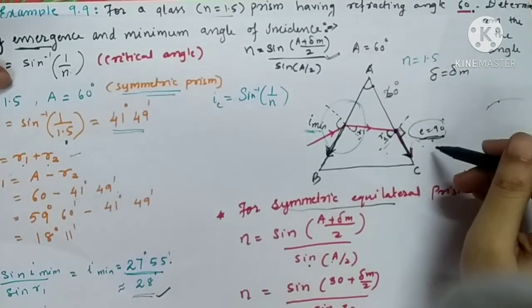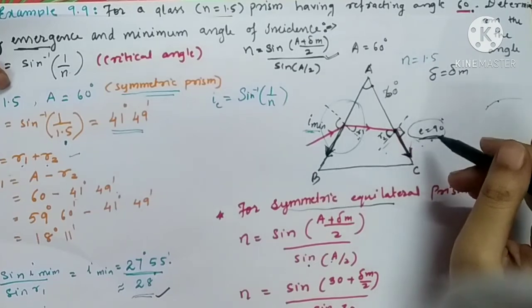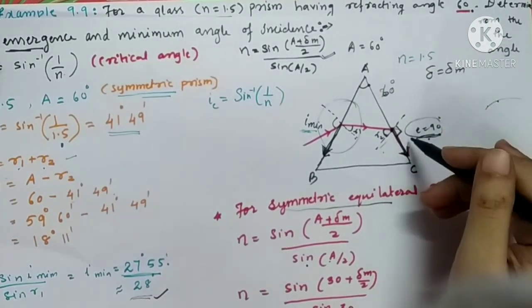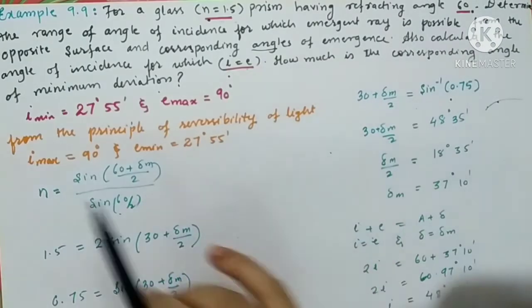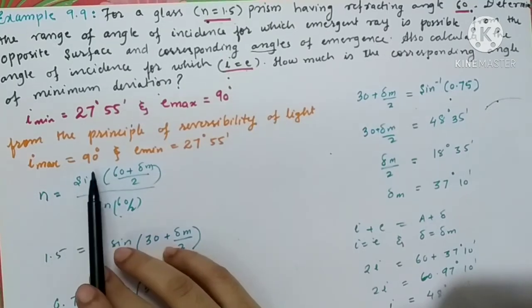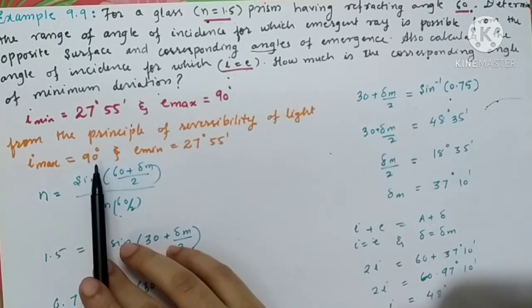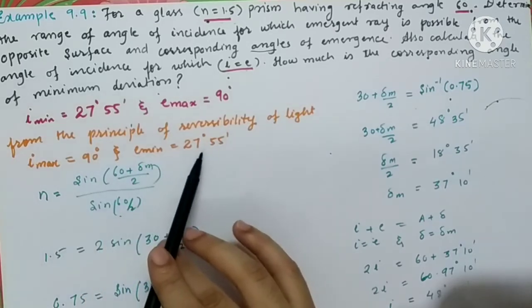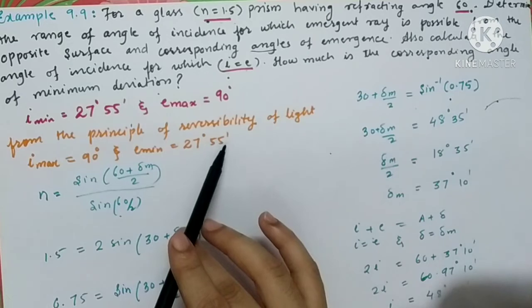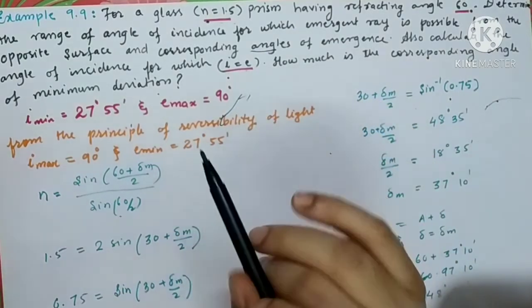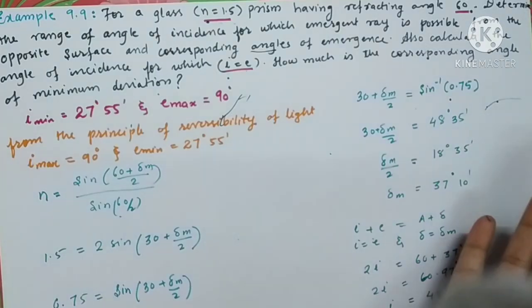So when you retrace a light beam from the other side, I will become E and E will become I. So from the principle of reversibility of light, I max then become 90 degree, minimum angle of incidence will become 90 degree, and emergence angle will become 27 degree 55 minutes. Both the values will interchange over here when you take the incident ray from the other side of the prism.